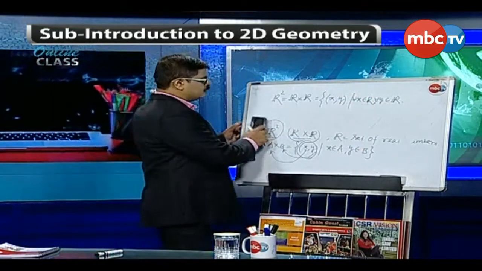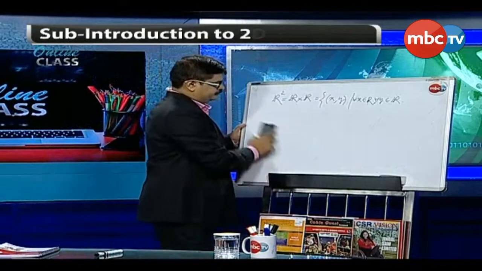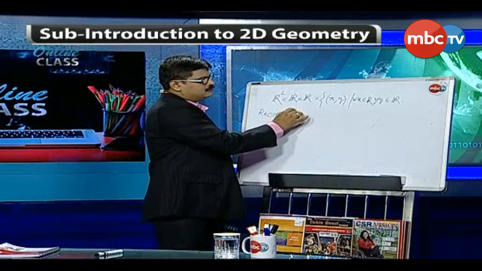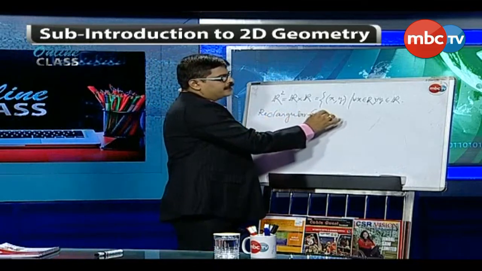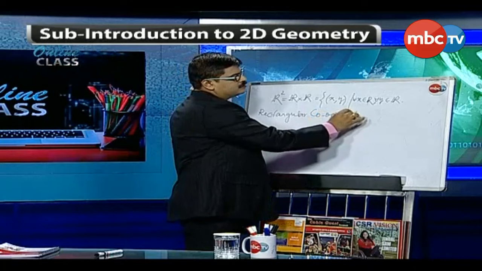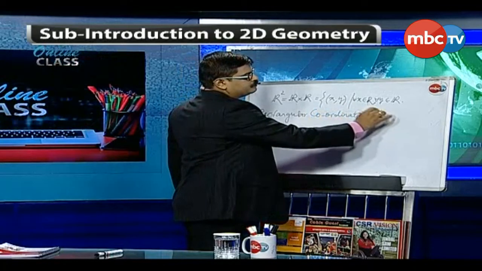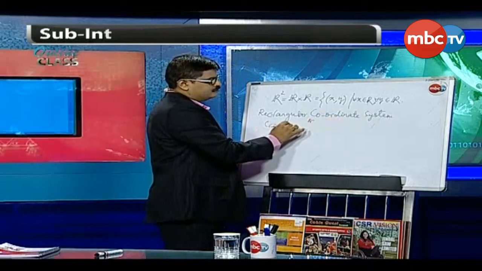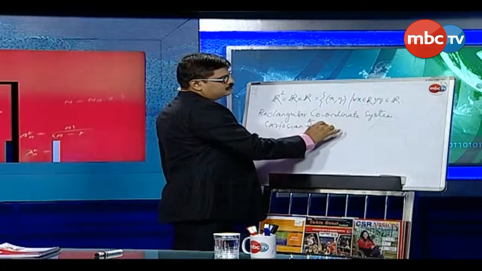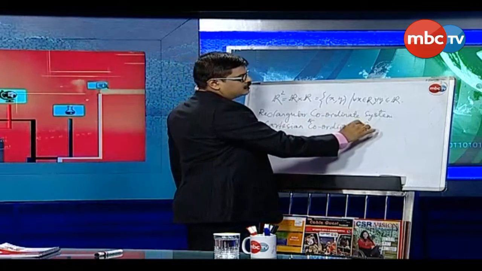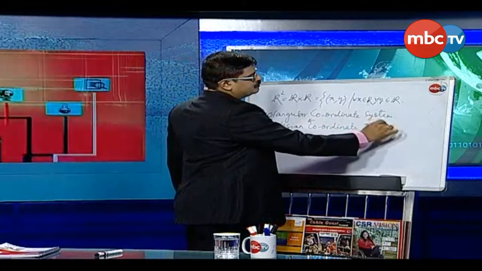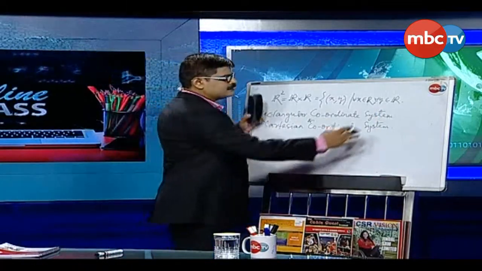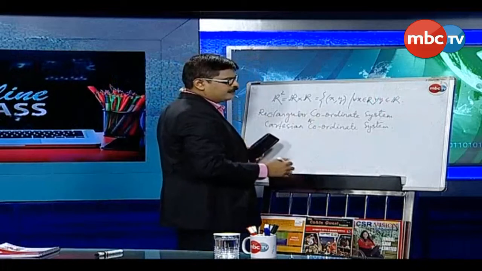Now, let us move to our coordinate system. What is the rectangular coordinate system, or we say the Cartesian coordinate system? What we do here: say this is the plane of this whiteboard.